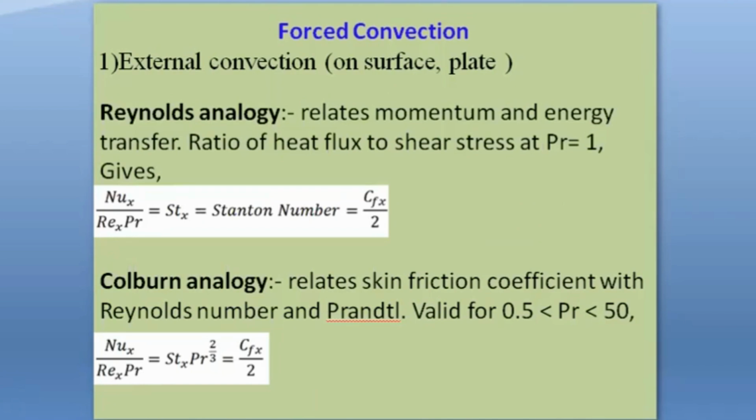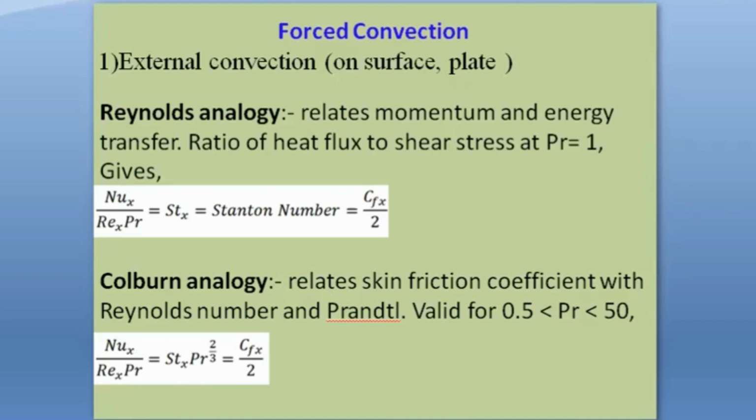So for external flow, there is what is called the Reynolds analogy, which relates the skin friction coefficient with the Stanton number, that is, Cfx by 2 is equal to Stanton number, which is valid for Prandtl number 1.